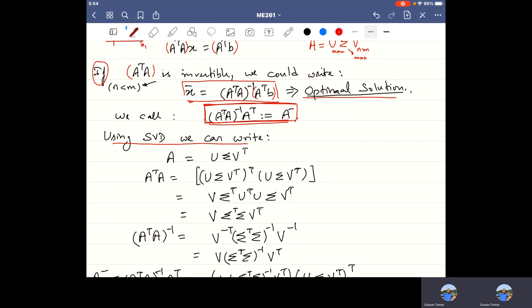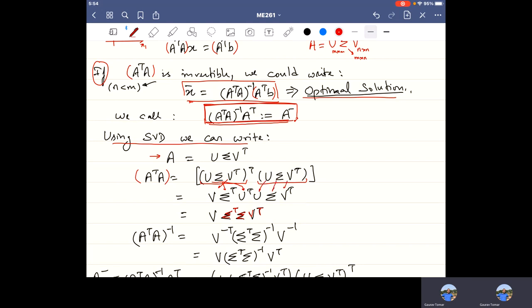So if we have an SVD decomposition for A, like U sigma V transpose, then A transpose A would reduce to V sigma transpose sigma V transpose. Here, this is A transpose and this is A. When you take the transpose, this becomes sigma transpose, this becomes U transpose, times U sigma V transpose.